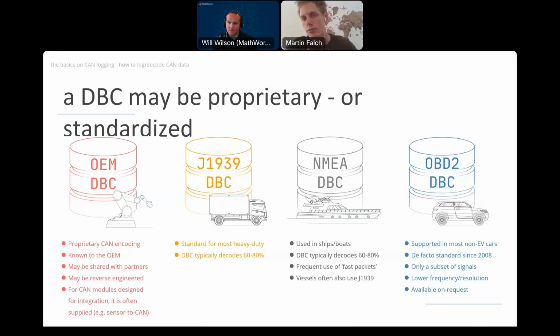J1939 is a heavy-duty vehicle protocol and is used in most heavy-duty vehicles. In practice, that means that across different models and brands, you can record the raw J1939 data, and you will typically experience that 60 to 80% of the data can be decoded using the standardized DBC file. In a similar way, you have the same principle within the NMEA protocol in maritime applications, and to some extent in passenger cars, when we're talking non-electric vehicles, via the OBD2 protocol, where you can get some useful signals extracted.